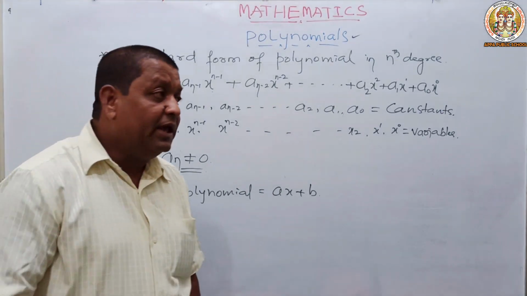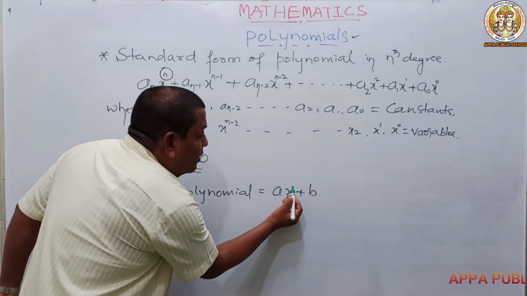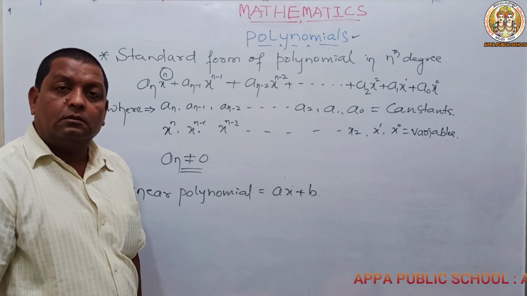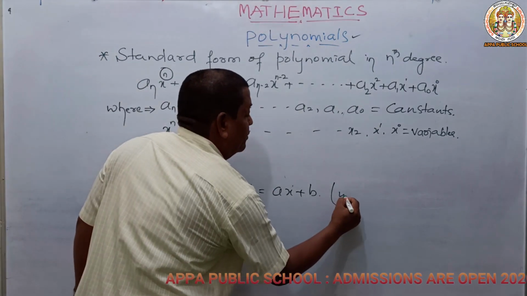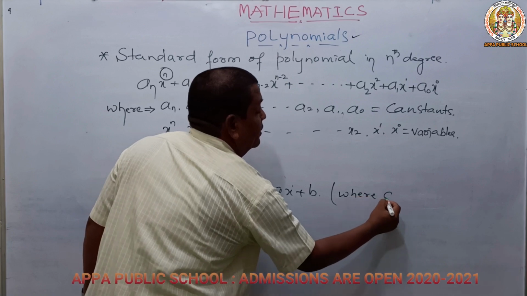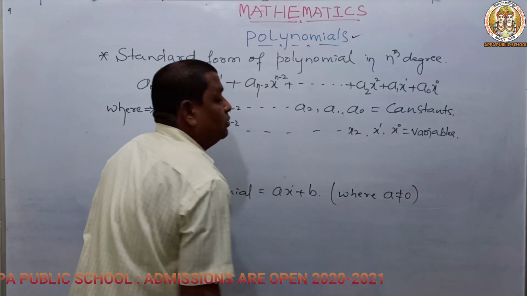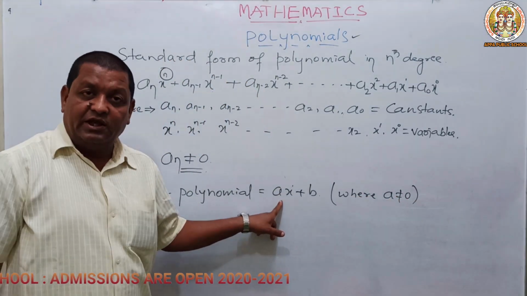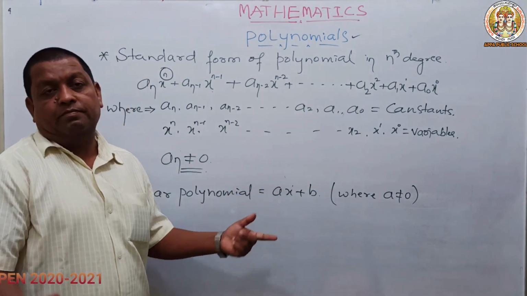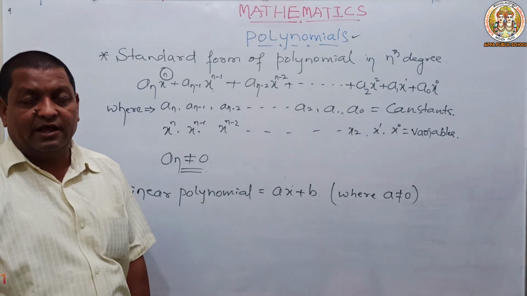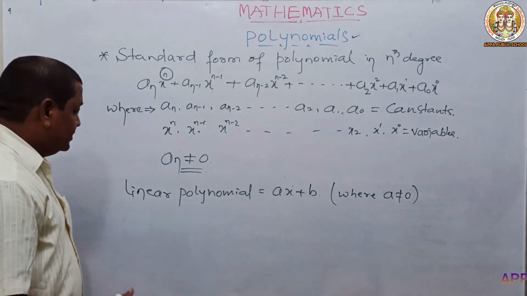You observe the power is 1. So what is the condition? Where a is not equal to 0. If a becomes 0, then this part becomes 0, then there is no linear polynomial.